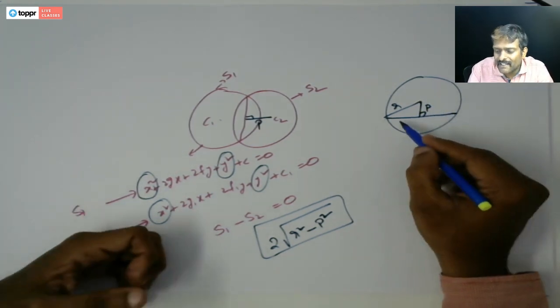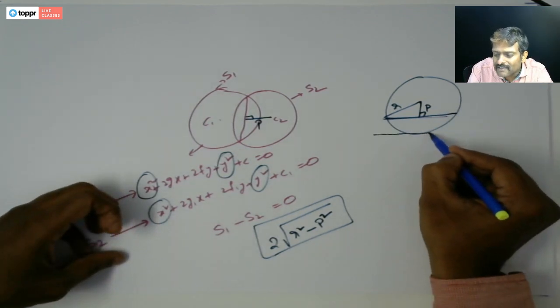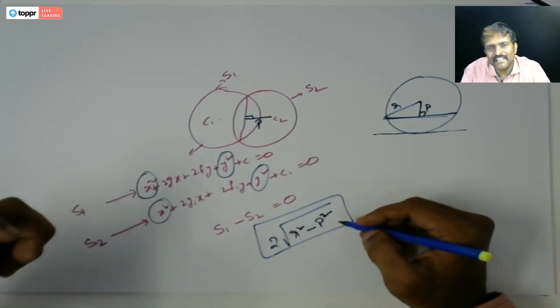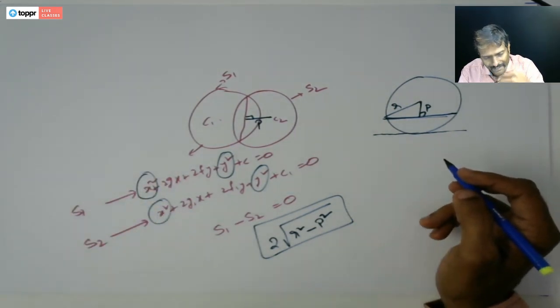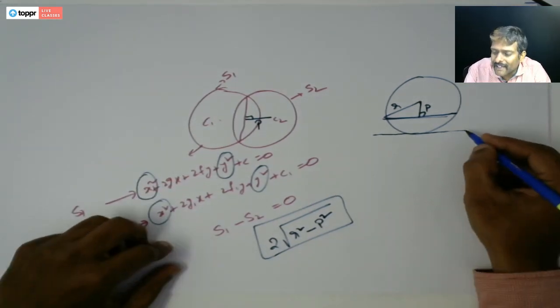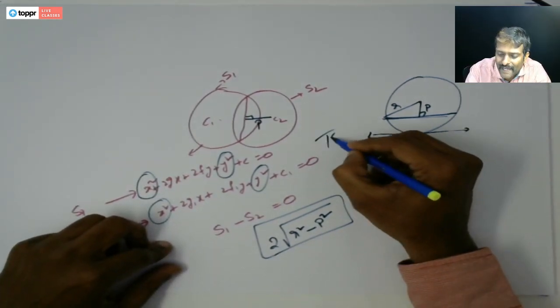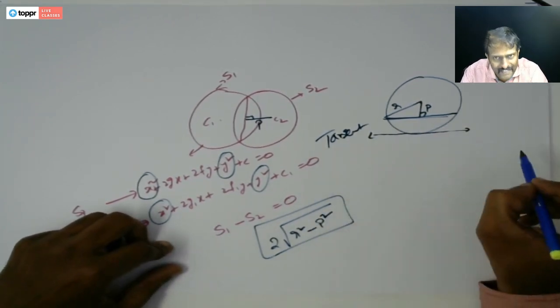That means this chord is just touching the circle. So if the radius and the length of the perpendicular from the center to the chord are equal, then it becomes a tangent. It's not a chord, it's a tangent now.